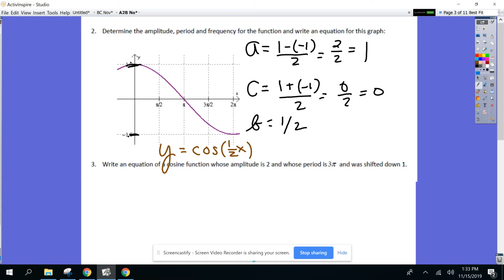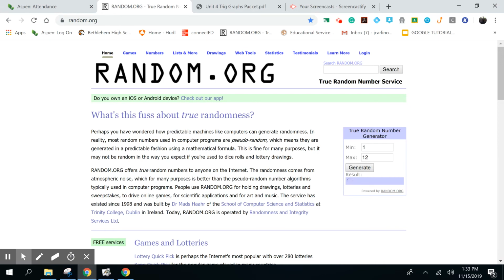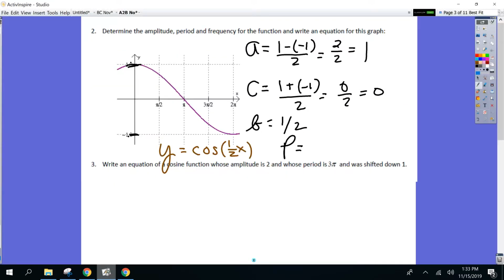And the last thing I asked for, I know it has nothing to do with the equation: what's the period here? What's the formula we've been working with for period? Yep, and what do we find the B value as? There we go, and I think you can handle that from there.